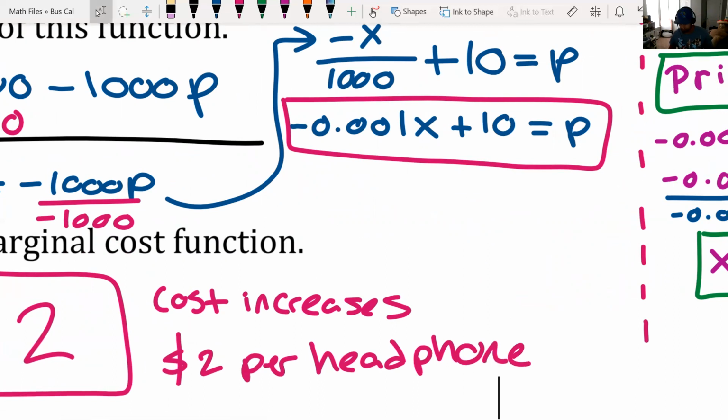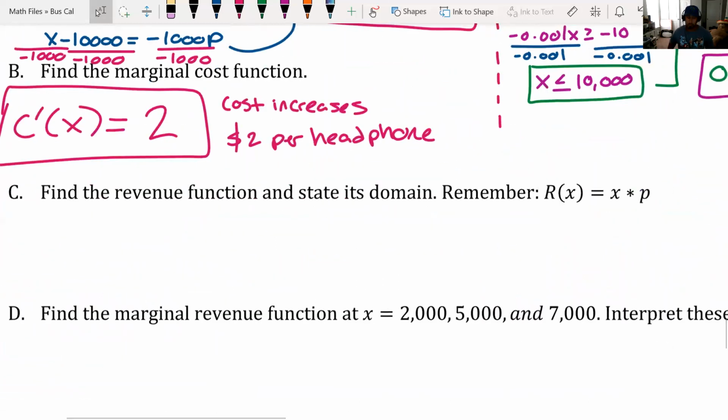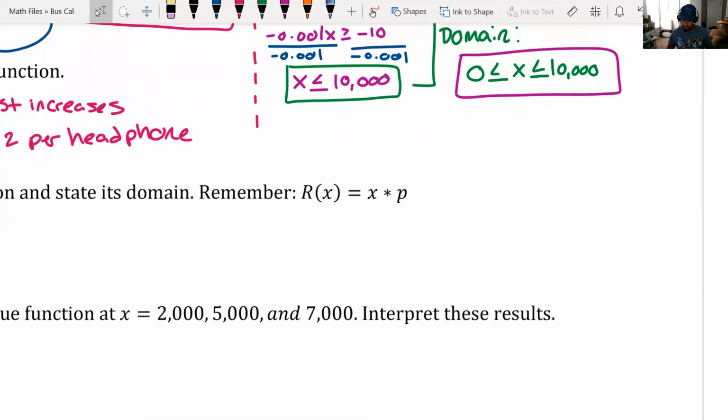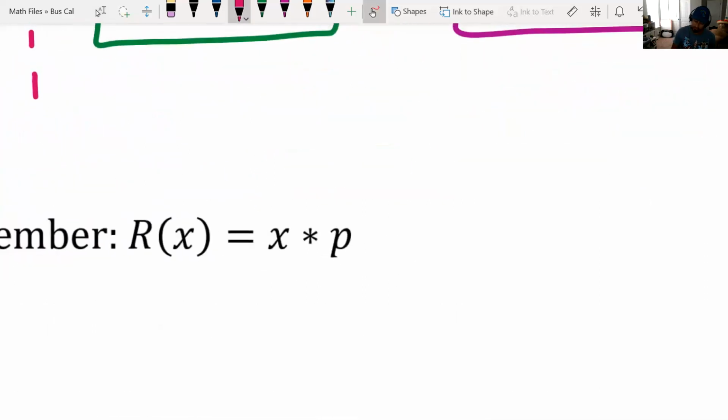All right. Find the revenue function and state its domain. Okay, it wants us to find a revenue function. So remember that revenue functions are always made of the number of items times the price that we sell them at. Okay.